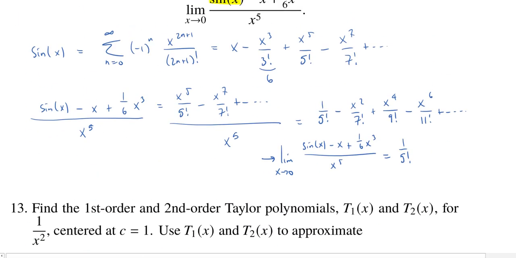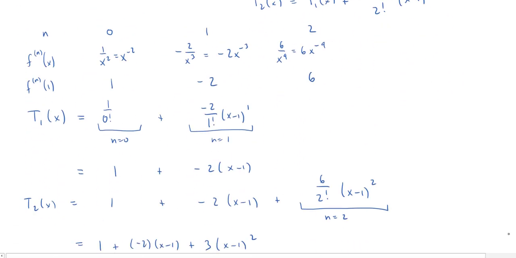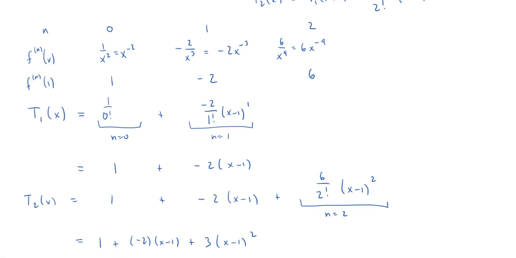So, whoops, we're really jumping around here today. How about we'll use our T1 from right here. T1 of 0.99 is going to equal 1.